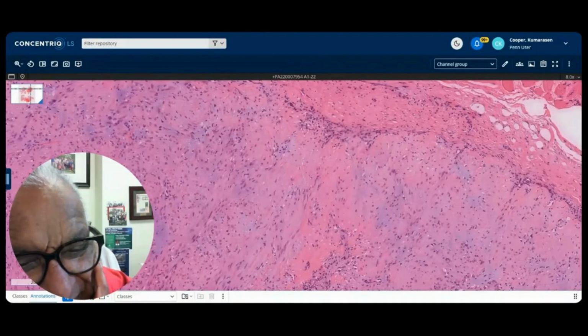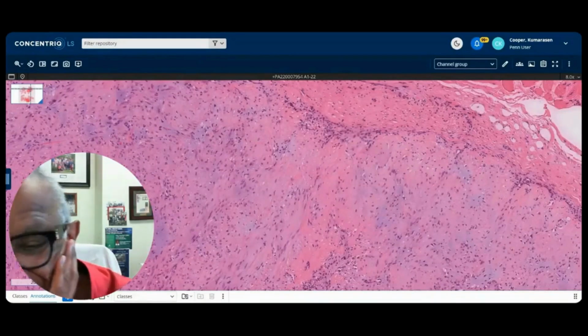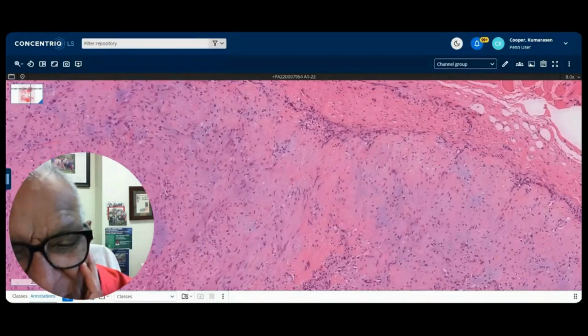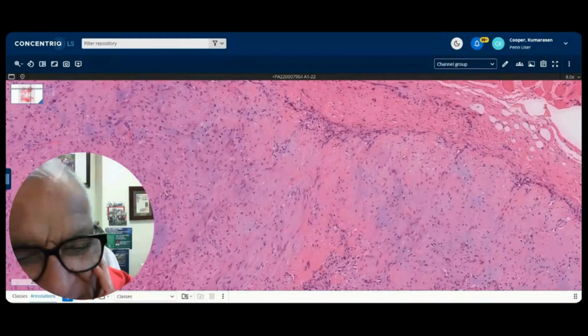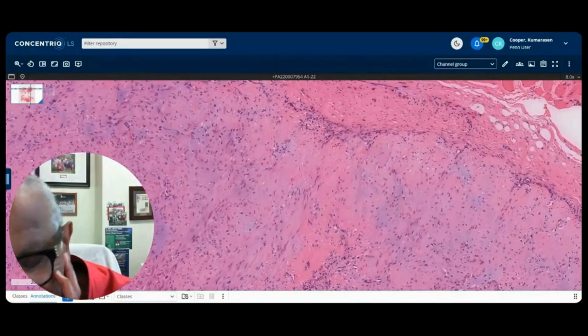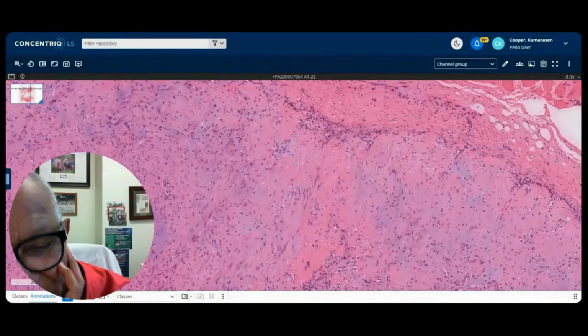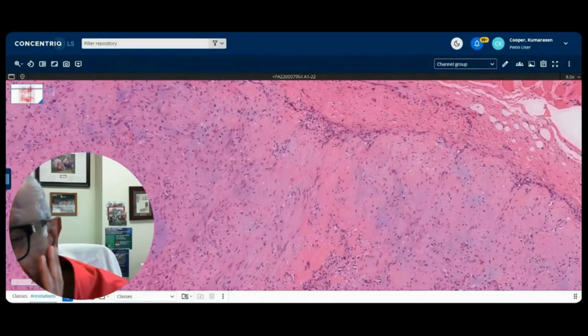One of the things I've learned is that if you're seeing spindle cells, round cells, and if they show any muscle immunoreactivity, either actin or desmin, obviously you're going to take it forward and ask yourself, is this a spindle cell rhabdomyosarcoma? And do a desmin and a MyoD1. Always take that forward.